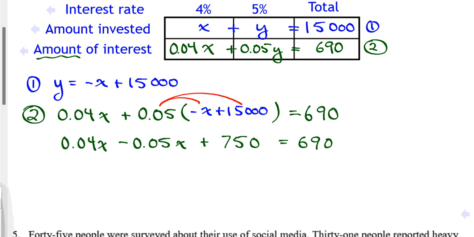There I've distributed. Now when I combine the x terms together, I will get negative 0.01x. And I think right away I'm going to subtract the 750 on both sides of the equation. And so this negative 0.01x will equal negative 60.